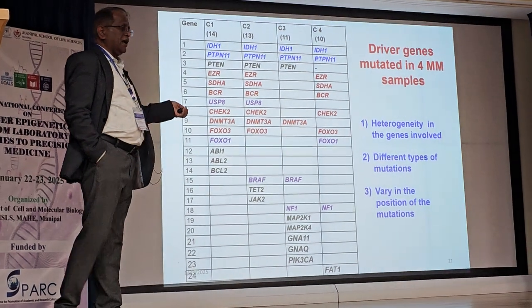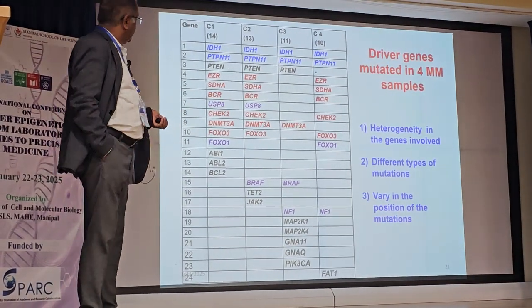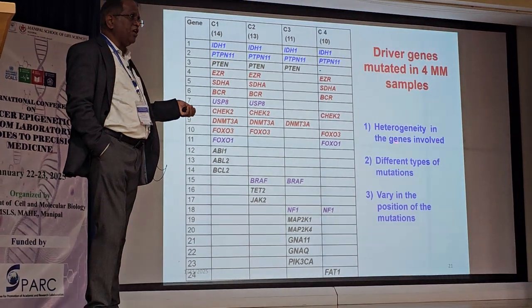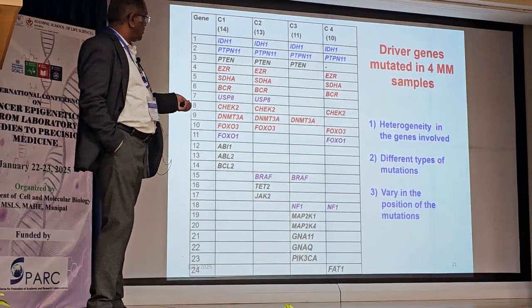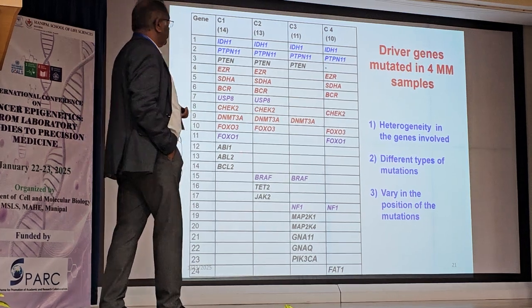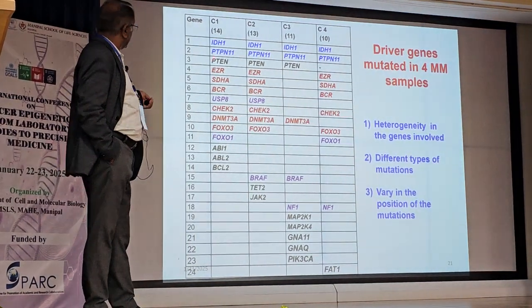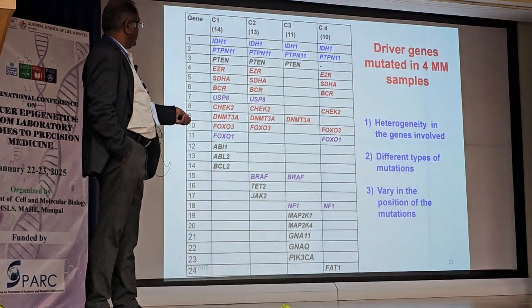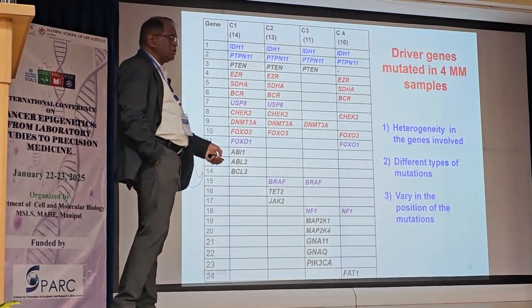So even though we made the cases clinically homogeneous, multiple myeloma is genetically heterogeneous. That means different genes contribute to causing multiple myeloma from case 1 to case 4. We could see different mutations, and they also vary in the position of mutations.